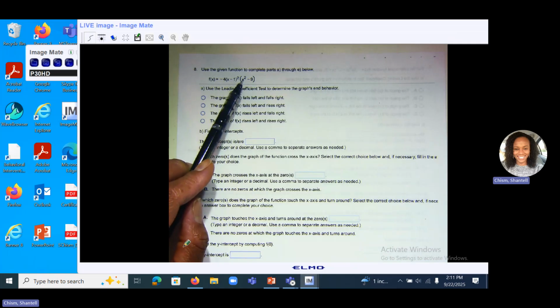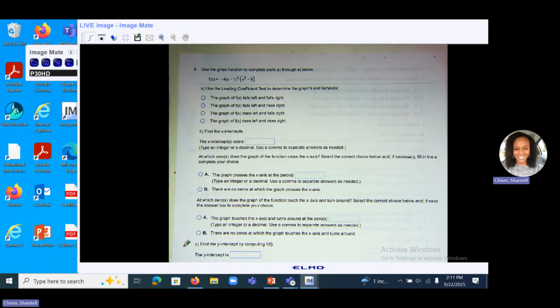You have a 2 here, but then you also have a squared here. So your degree is actually to the 4th power here, if you think about it.